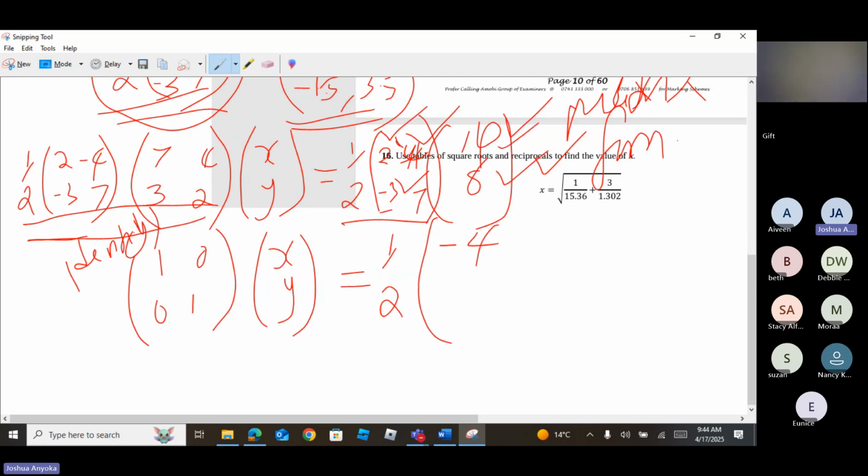Negative 3 times this one, negative 42. Negative 42 plus 56, 14, eh? Is it 14?